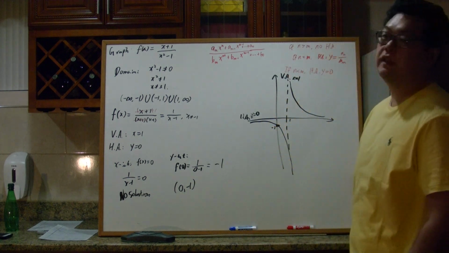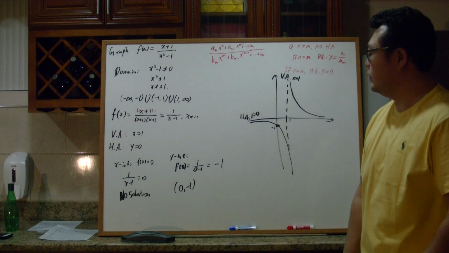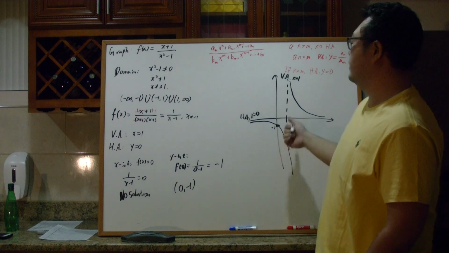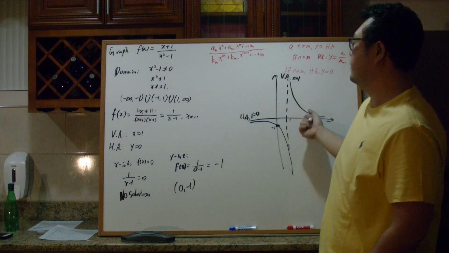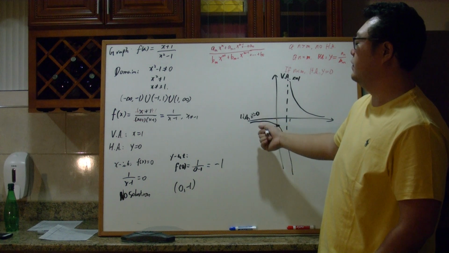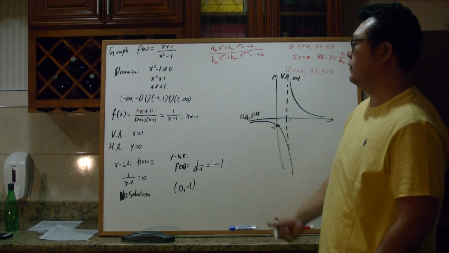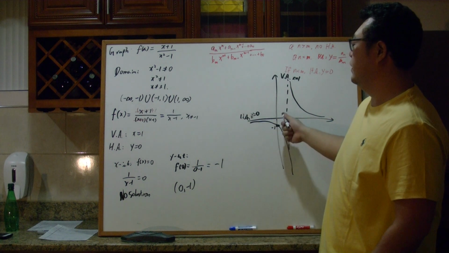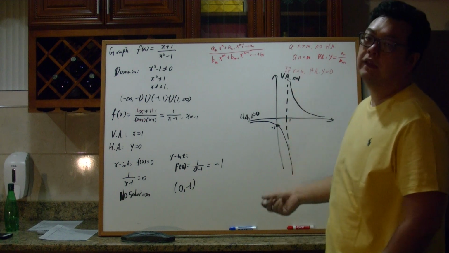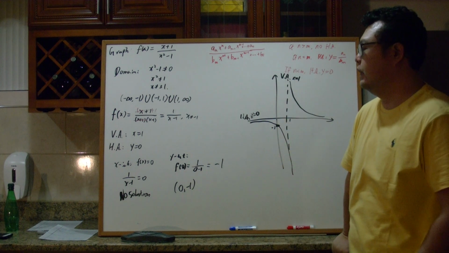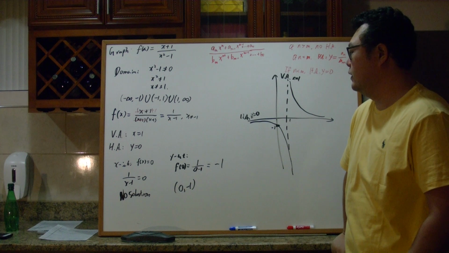You can substitute more points in, such as f of 2, f of 3, or f of negative 2, f of negative 3, and so on, or 0.5, 1.5. Substituting in, we can see the y values.